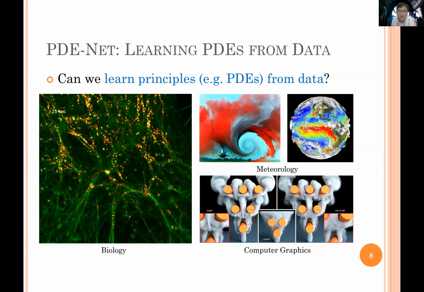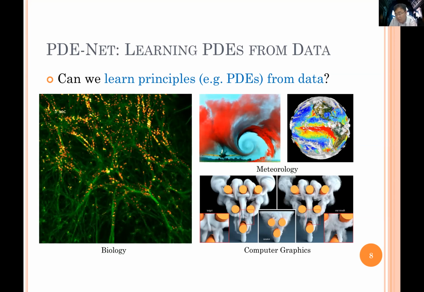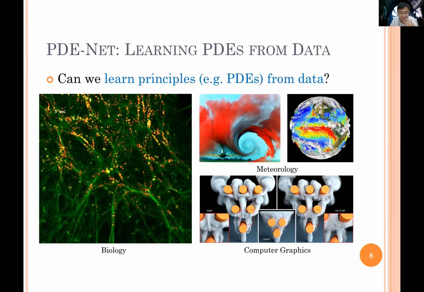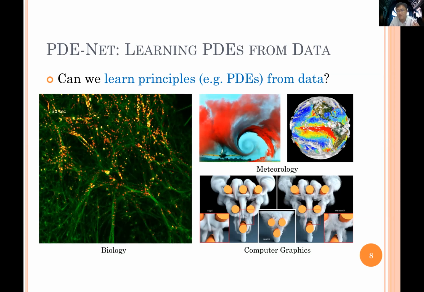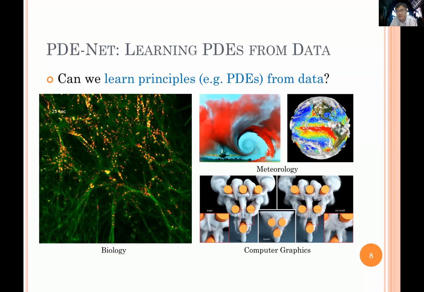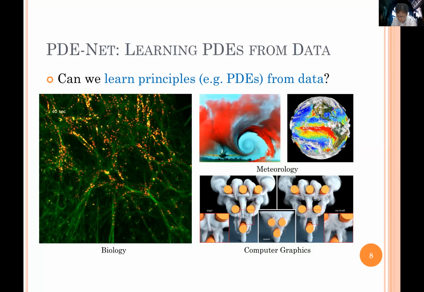It's essentially all a model reduction problem. The model is either a DNS of the Navier-Stokes equation, or the model is entirely unknown. It's in the hands of Mother Nature, and we're trying to figure out a reduced version of it so that it's easy to interpret, and it's computationally efficient to simulate, and so on.